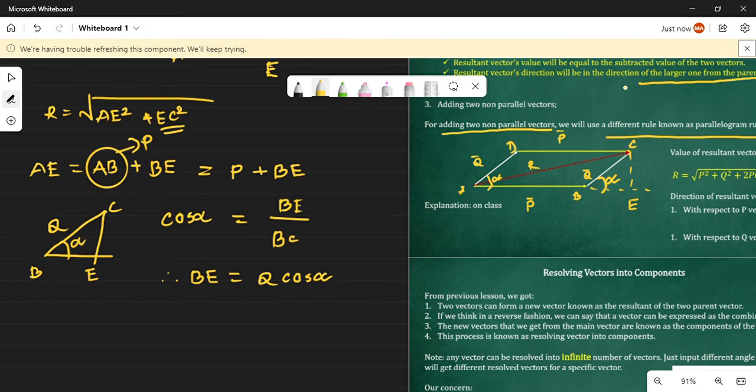From the sine ratio, sine alpha can be written as EC divided by BC. BC is also Q, so we can write that EC is equal to Q sine alpha. Now we just have to put the values there.